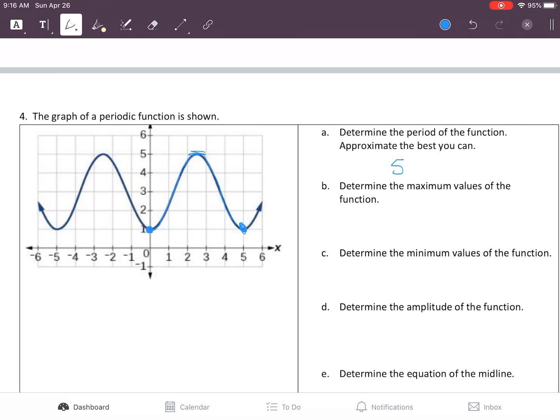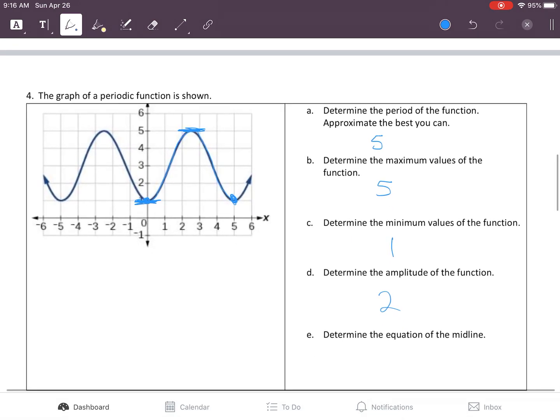The peak is at 5. The valley is at 1. The amplitude is the distance between the peak and the valley divided by 2, which is 4 divided by 2, which is 2. Then determine the midline. The midline is halfway up the graph, which we draw right here, and it is y equals 3.